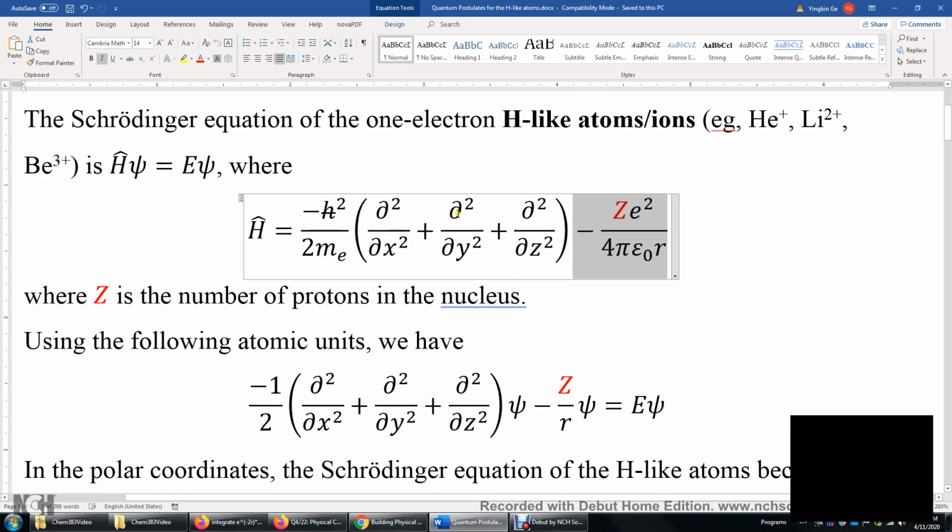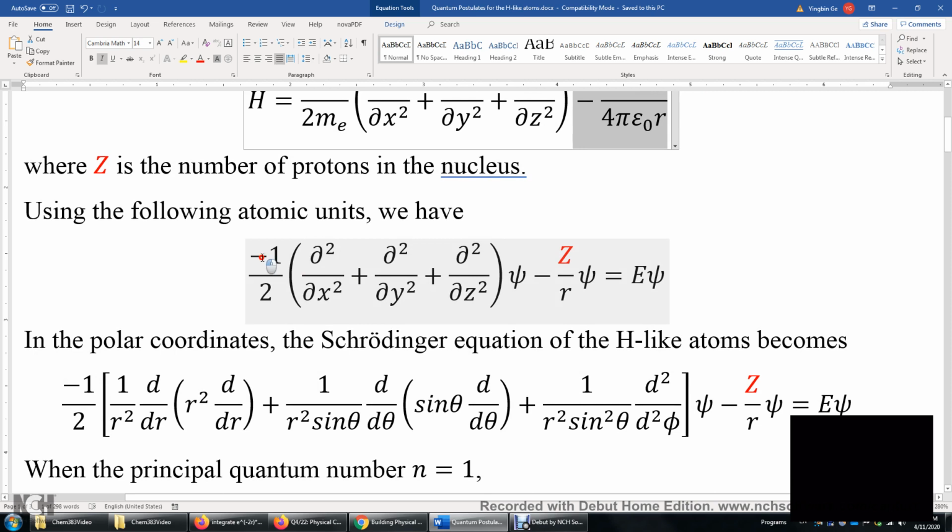We convert this Schrödinger equation to atomic units right here. H bar is 1, the mass of the electron is 1, the charge of the electron is -1, -1 squared is 1, and 1 over 4 pi epsilon is 1. And then we have a simplified Schrödinger equation here.